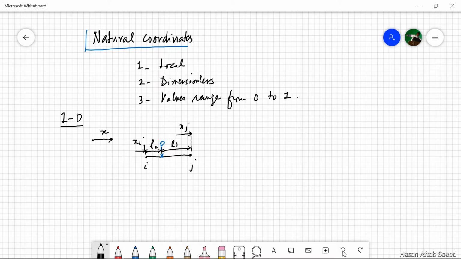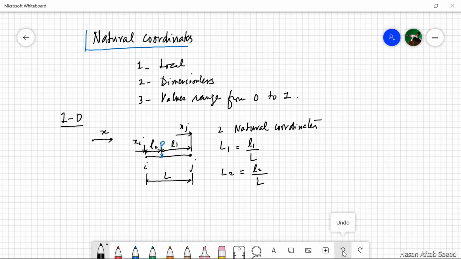And the definition of natural coordinates for this system is this. There are two natural coordinates. First one, capital L1, is small L1 over L, where L is the length of the element, and capital L2 is equal to small L2 over L. Now let's consider this.